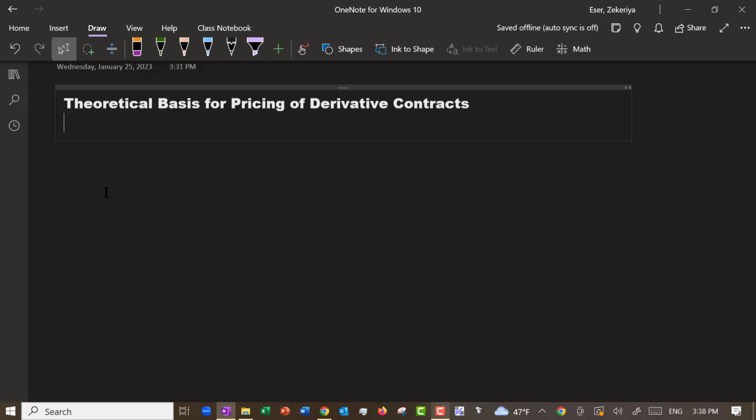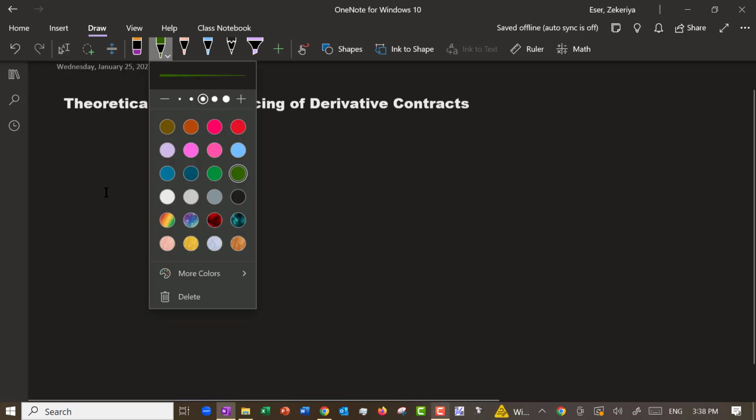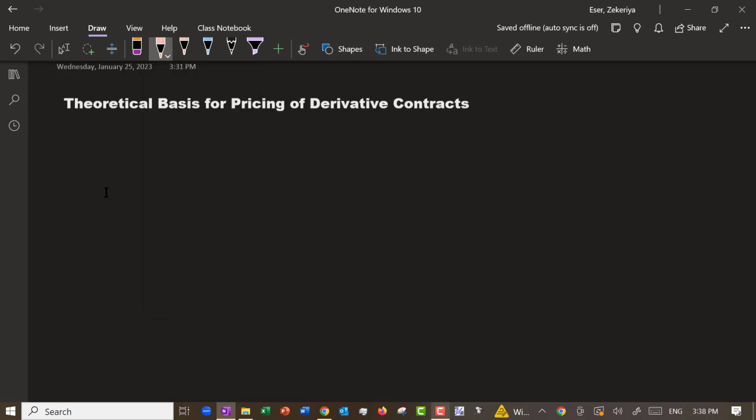To do that, first, I'm going to write a generic equation for change in the price of some sort of asset.